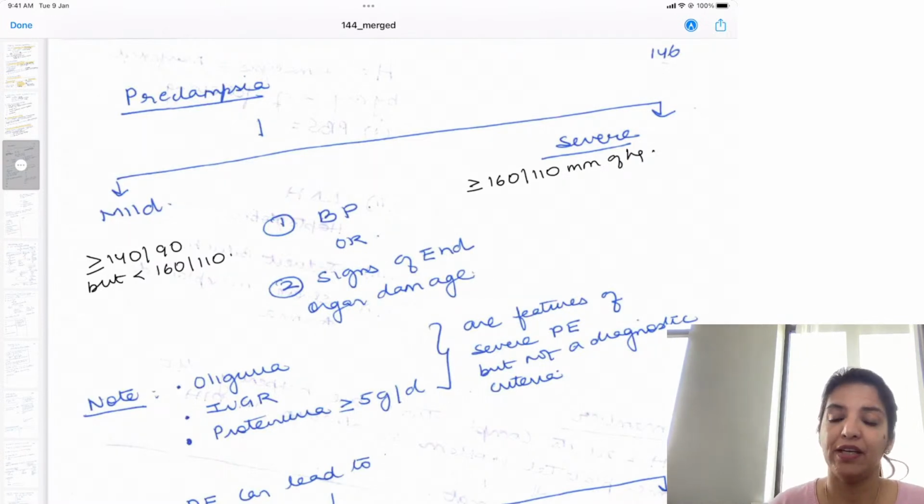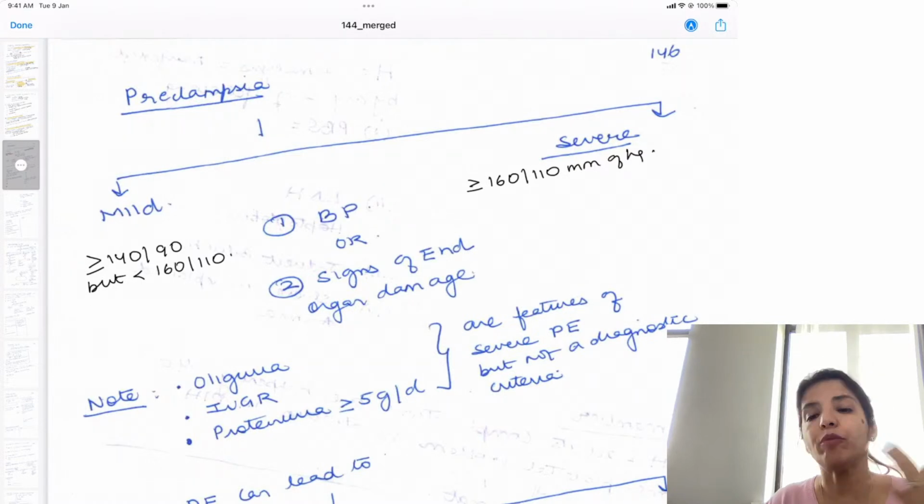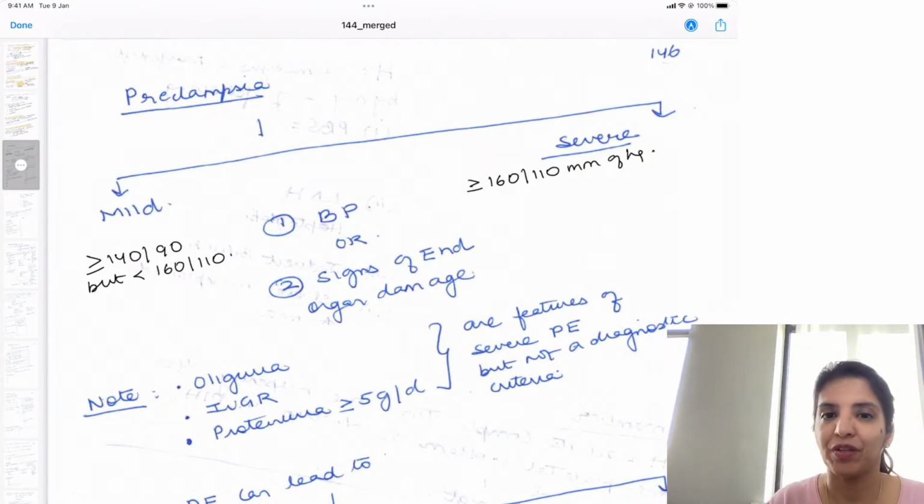Again the same thing. Even if systolic BP becomes 160 or diastolic becomes 110 or more or both. So even if systolic, suppose there is a female whose BP is 164 by 90. So she will also be called as a case of severe preeclampsia.